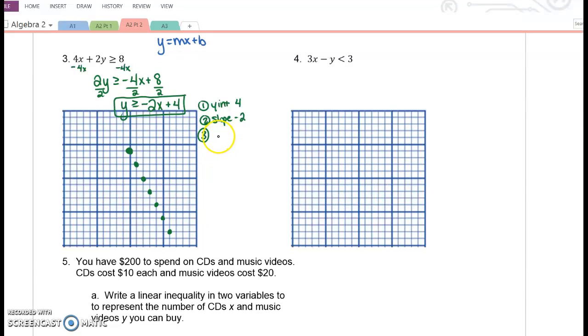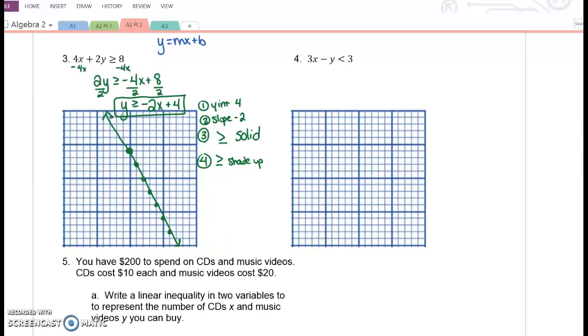This is a greater than or equal to symbol. Are we going to use a solid line or a dashed line? Greater than or equal to. So our line is included in the solutions. Our line needs to be solid. And then are we going to shade up or down? Shade up. All right. So solid line.